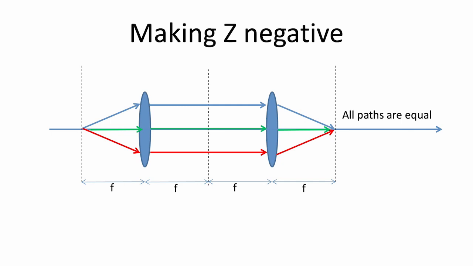And you can see now that from focal plane to focal plane, from the first one to the last one, there is no phase delay. All paths are equal. That means that the blue, red, or green, they all travel the same optical path to get to the other focal plane. So how do I get this angular dispersion here? Next slide.